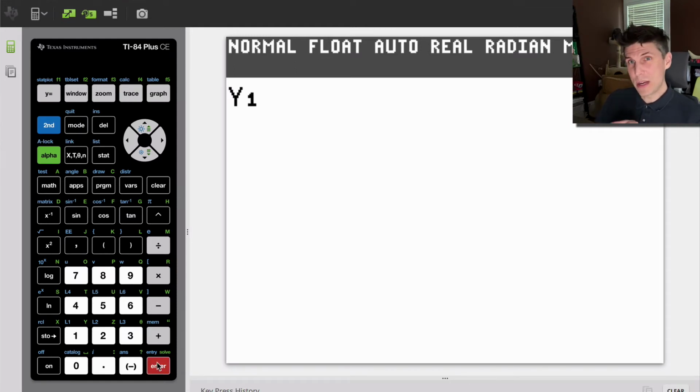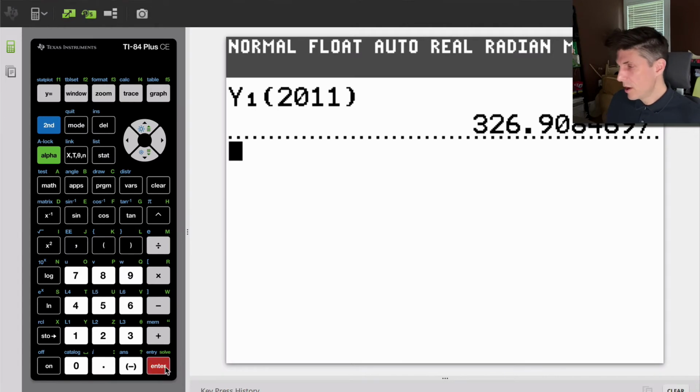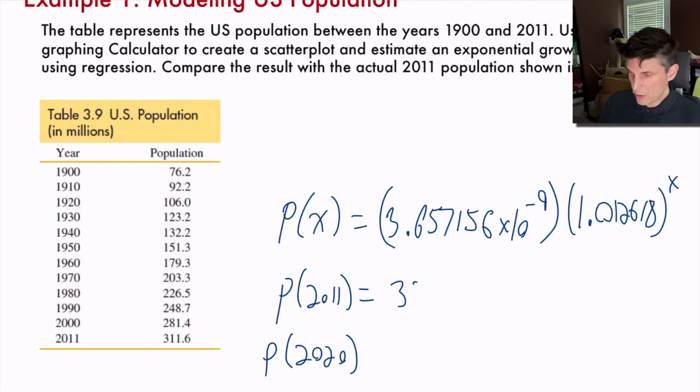I can actually treat Y1 as a function in function notation. I'm just going to put up some parentheses here. X, and I'm going to plug in 2011, like we just did. So Y1 of 2011 equals 326.9 million. So 326.9 people. Okay.